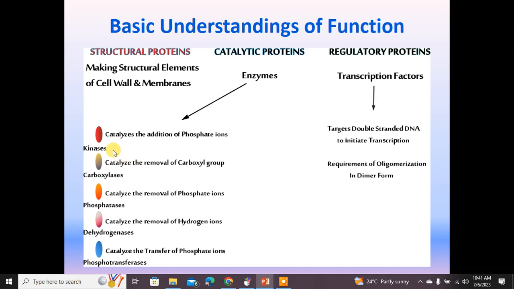Phosphotransferases is actually the middleman between the kinase and phosphatases. How? Because they will transfer the phosphate ion from one place to another.